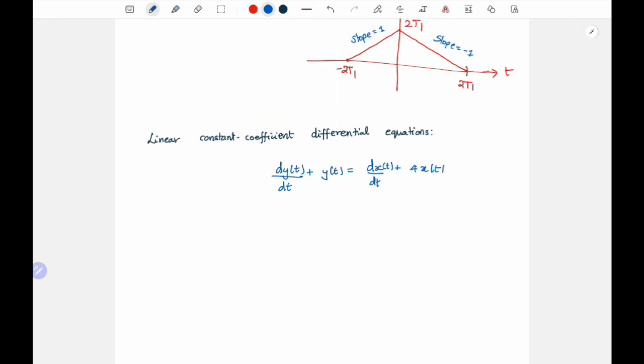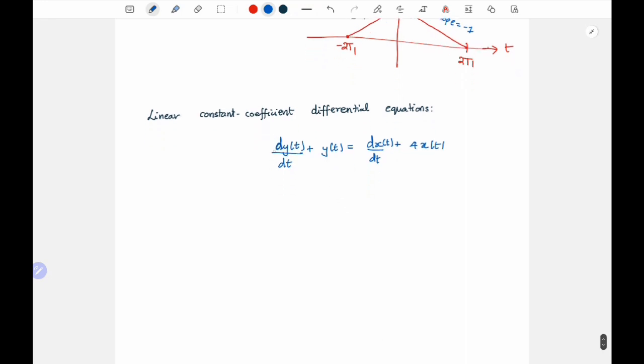So degree is the power of the highest order, and order is the maximum derivative that is there. Like d by dt, if this is the maximum in the differential equation, order is 1. If it is d square by dt square, then order is 2. And whatever the power this highest order is raised to is called the degree.